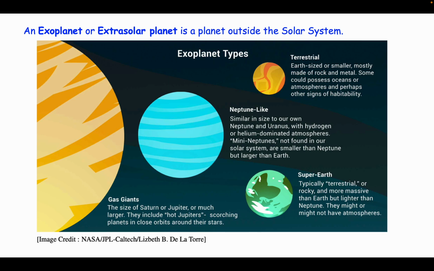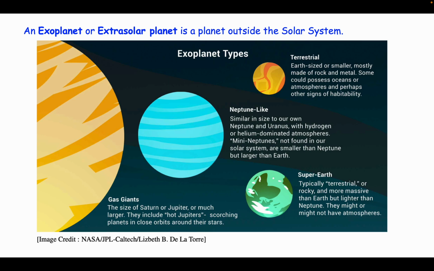As the name suggests, the Earth-like exoplanets are smaller planets made of rocks or metal, and some of these are believed to host an atmosphere that can support habitability. Another type is the super-Earth. They are typically terrestrial or rocky planets, but more massive than Earth and lighter than Neptune, the outer planet of our solar system.